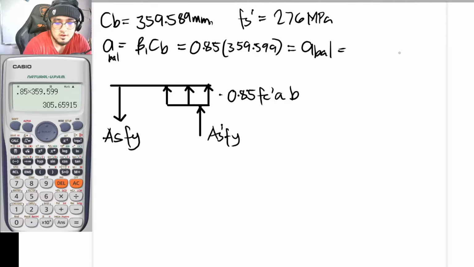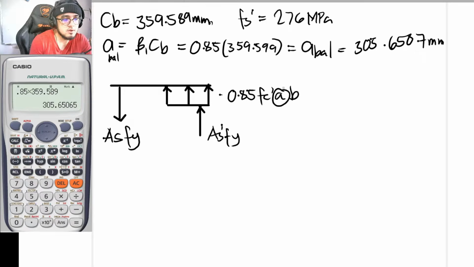Oops, 589 I should say. Wait, 589. So that is to be 305.6507 millimeters. Okay, so that is for your A. So for your P, let's say that this is now to be your P and B. So this is now to be P and B.